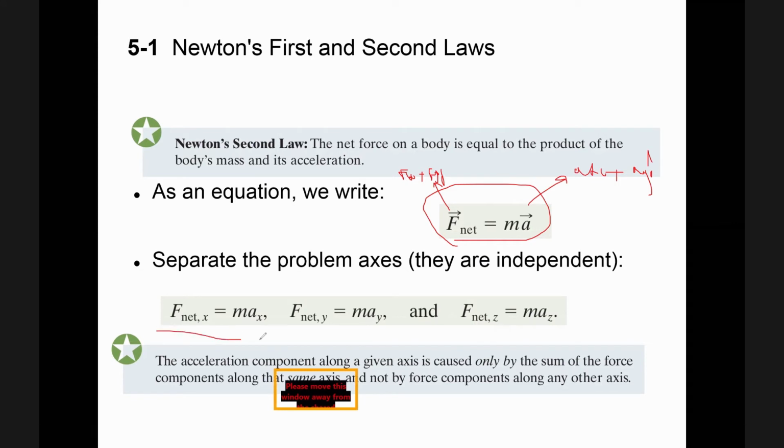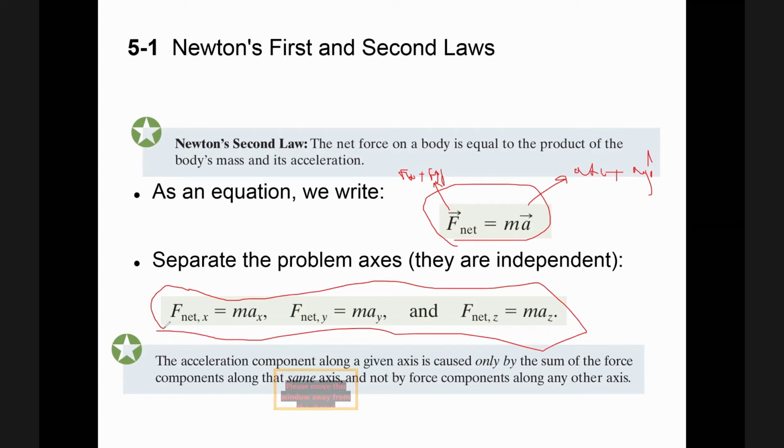What do you get? You get 3 equations now, not one. As if in Newton's second law, F net equals ma as a vector, I can break it into 3 equations. F net on the x equals max, F net on the y equals may, and F net on the z equals maz.